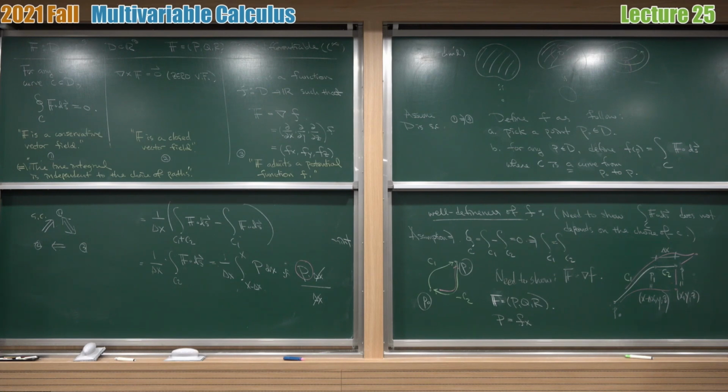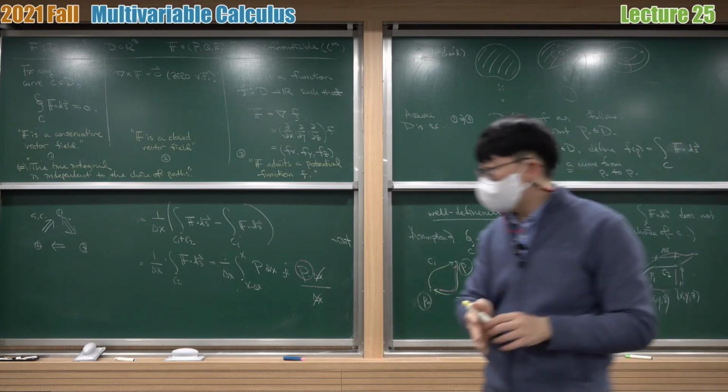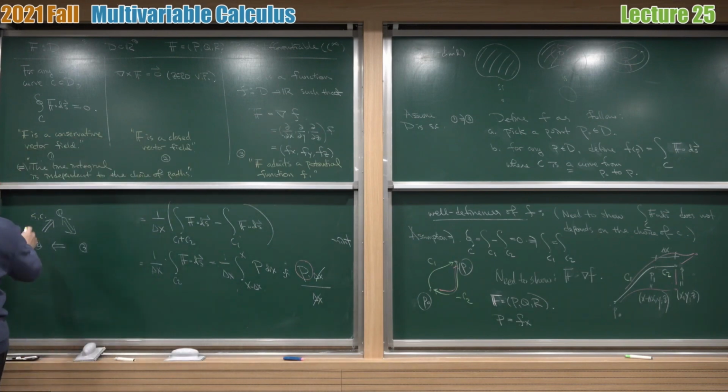There's no inside, but somehow the volume that contains this curve has no hole, in order to have a surface that fills this curve. So we need simply connectedness here.